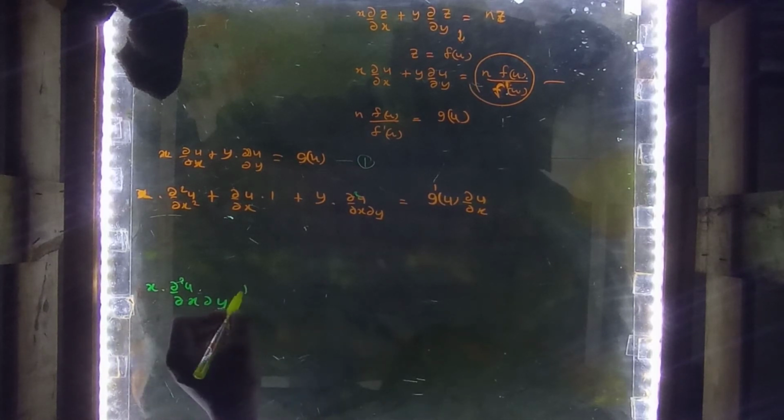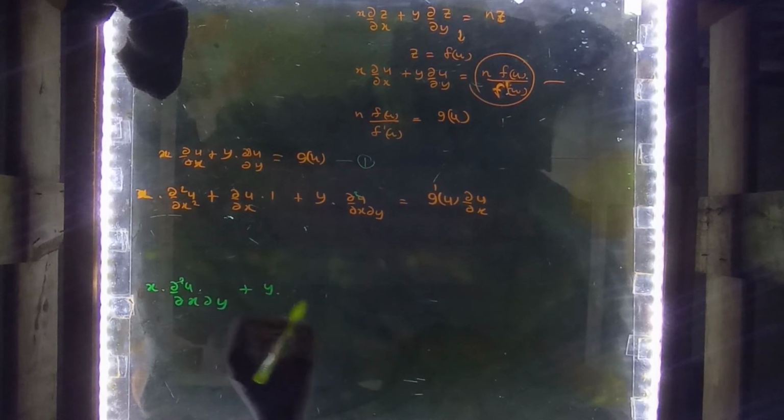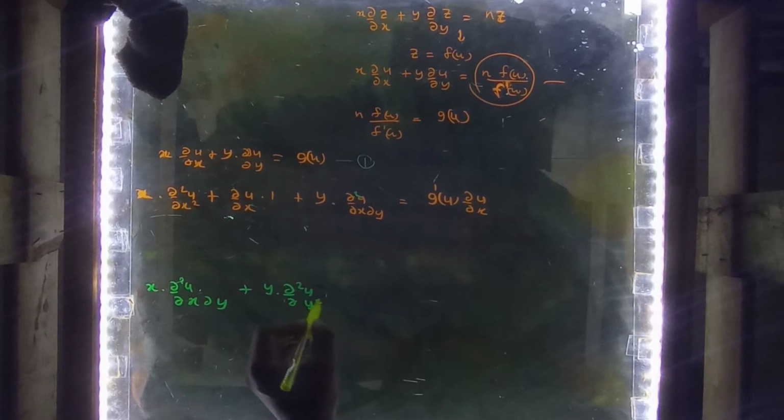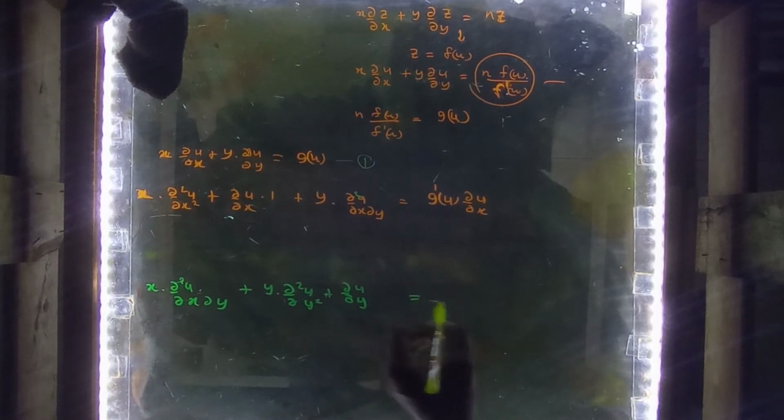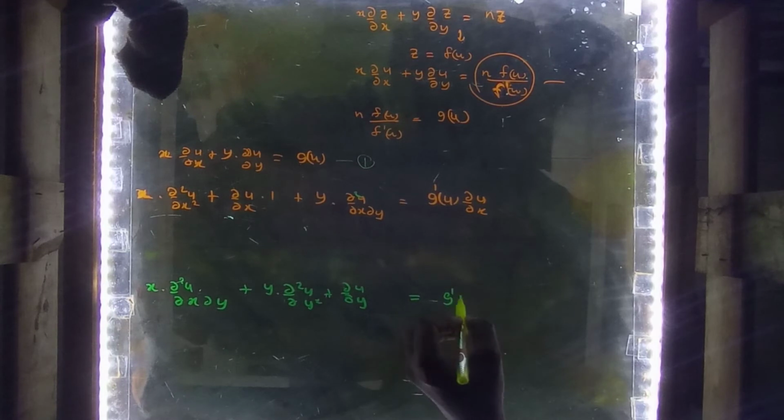Then what about this guy? y times partial squared u with respect to y squared plus partial u with respect to y. This is going to be equal to g prime of u times partial u with respect to y.